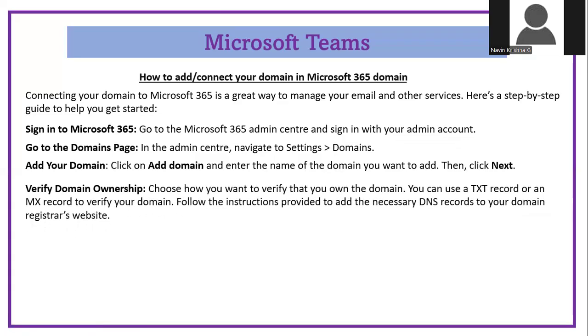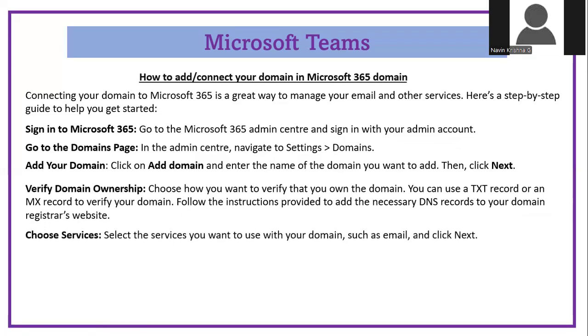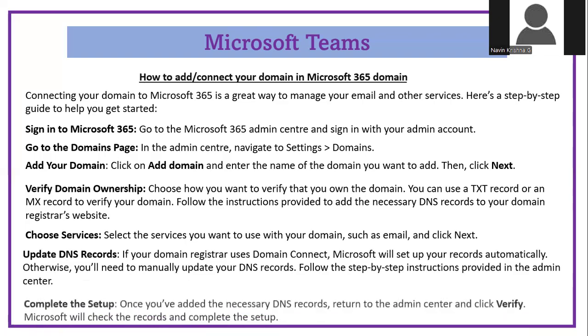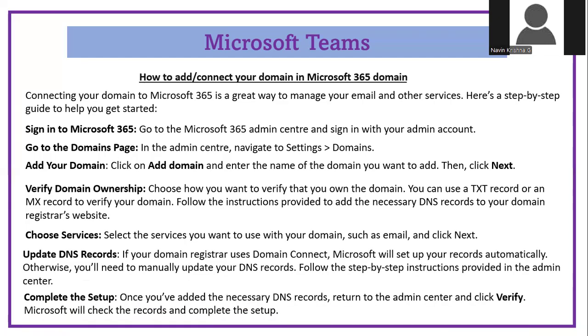Then verify the domain ownership and select the services you want to use with the domain. Here we are going to choose the Teams services. I will tell you all the necessary steps and which DNS records you have to select, then update the DNS records, complete the setup, and verify the records. This is how you connect your domain with Microsoft 365.